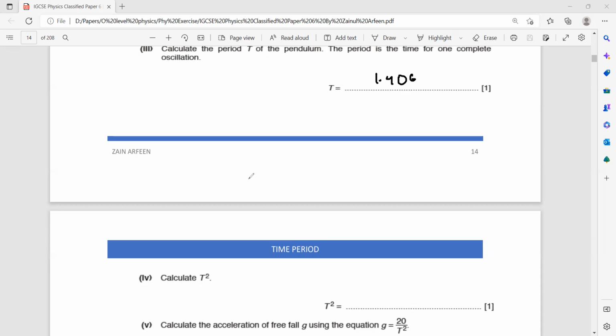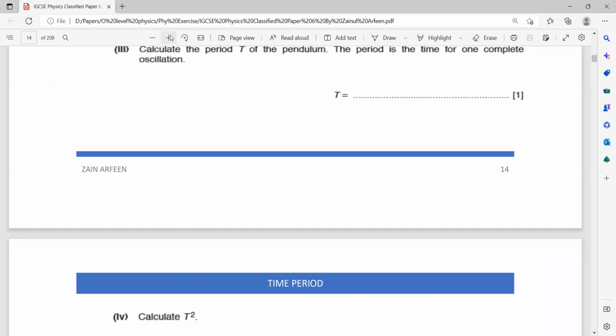You have to round off to three significant figures, so this will become 1.98. And the unit will be second square, because this is t squared. Your answer should be three significant figures. Even here, I wrote 1.41 for t. Write your answer to three significant figures.